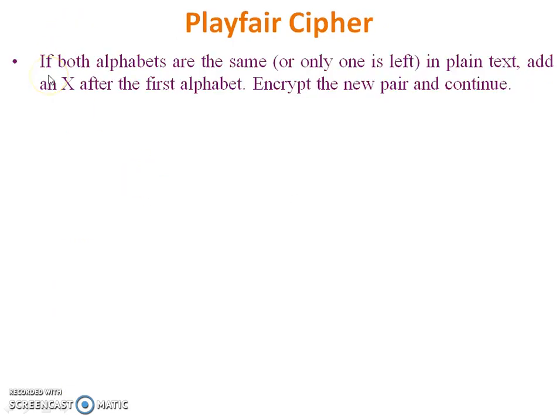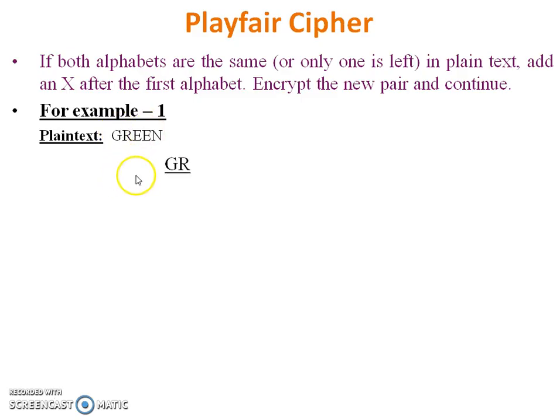Another possibility is if both alphabets are the same in the plaintext. Now see the example over here, green. So first pair is GR, and in the second pair both letters are the same, double E. So as per the above rules, add an X after the first alphabet.